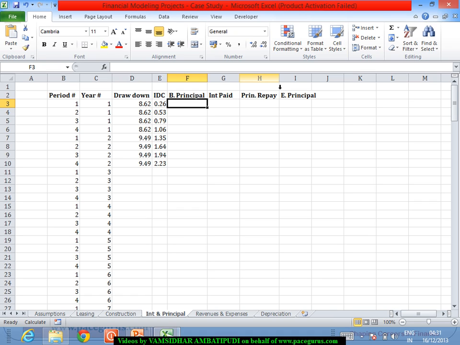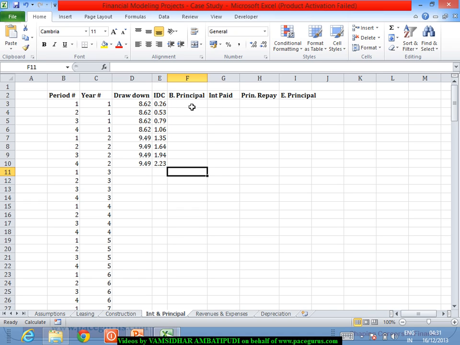Which means only when the drawdown period is over, I will initiate the repayment part. But the scenario which is worth looking at is after the repayment. So here my outstanding principal will actually come into picture.